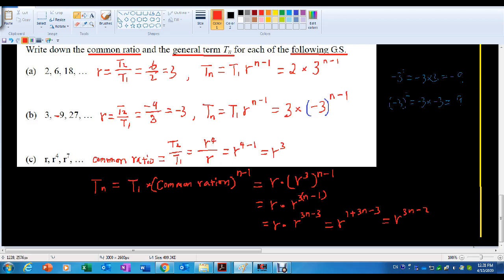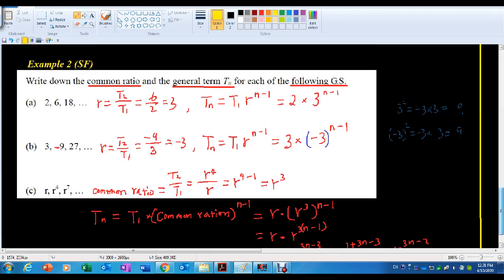So for part c, possibly it won't be a simple familiar question, because it involves a lot of algebra, but the idea is actually not that difficult. Normally, if they give you the sequence and they ask you to find the general term, things like this are not that difficult.